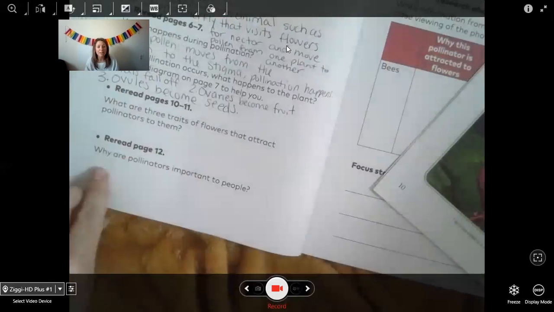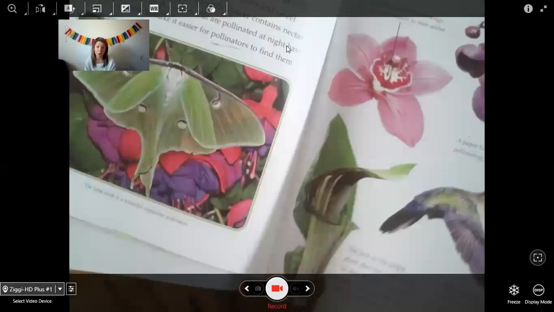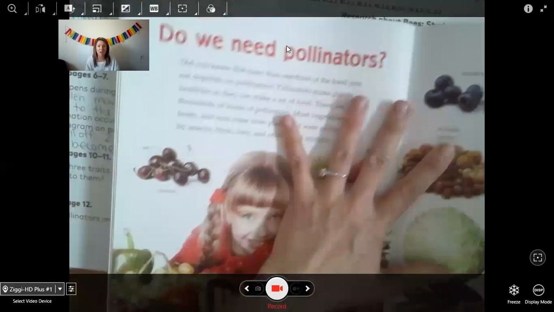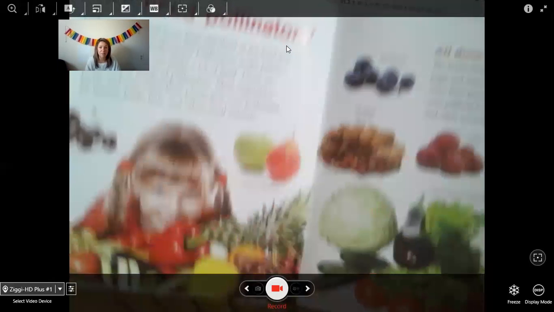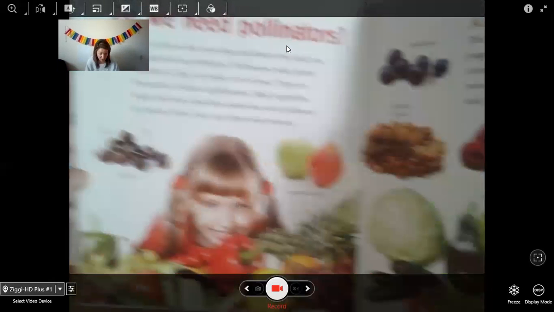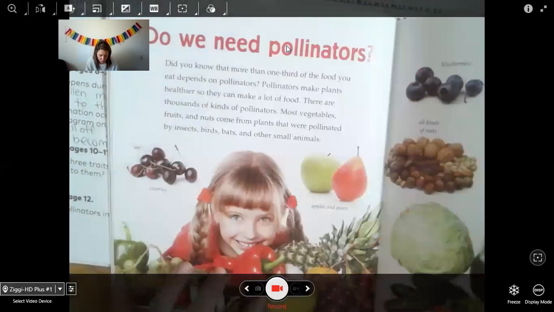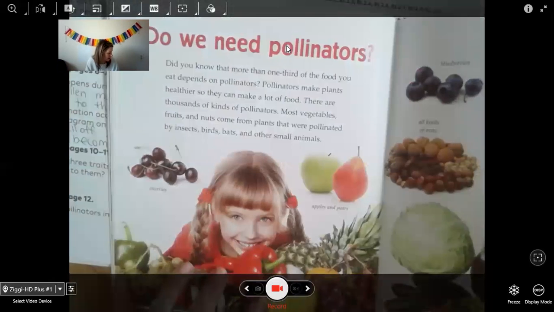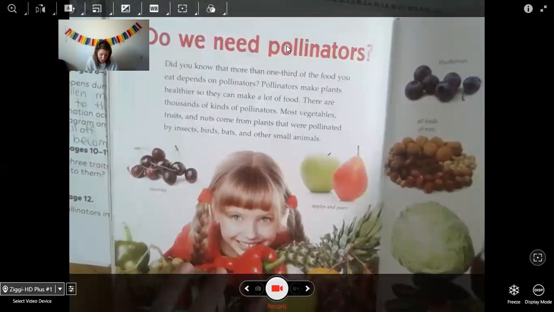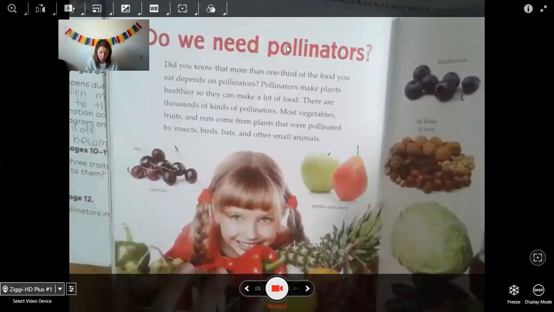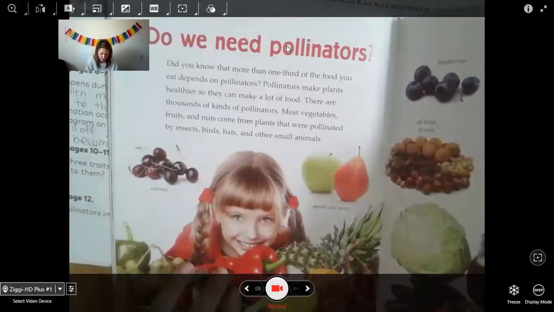Why are pollinators important to people? Wow. Oh my gosh, look at all this yummy, yummy stuff for your belly. That's why they're important. Did you know that more than 1/3 of the food you eat depends on pollinators? Pollinators make plants healthier so that they can make a lot of food. There are thousands of kinds of pollinators.